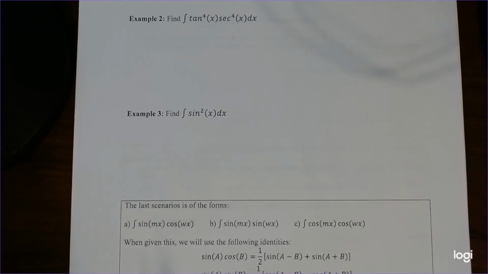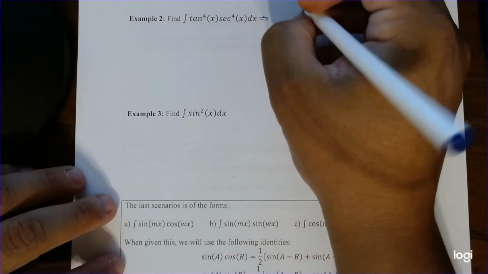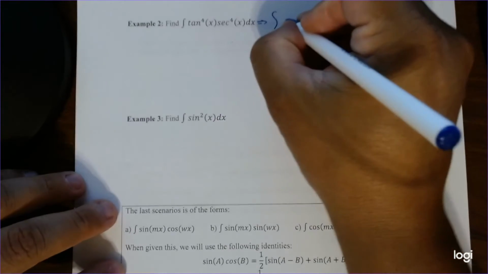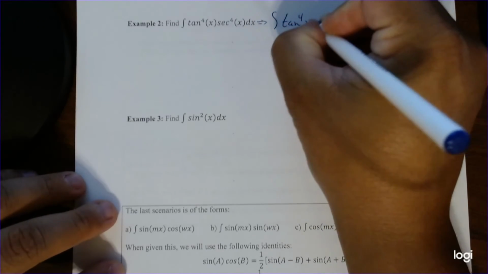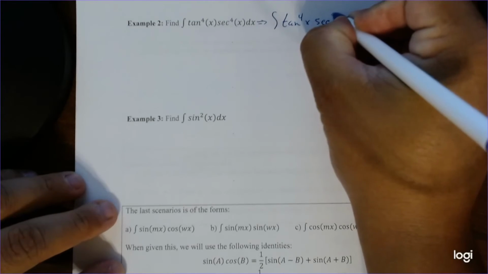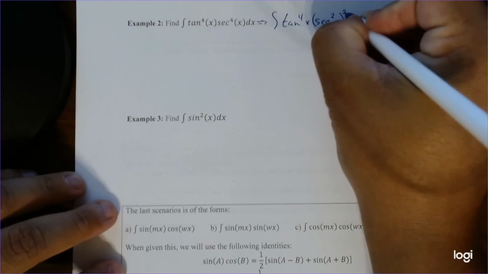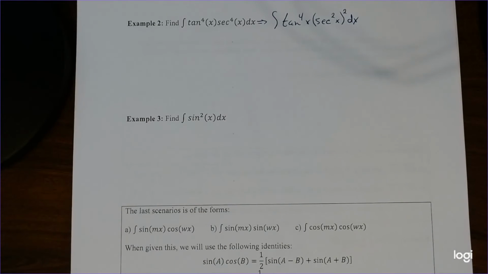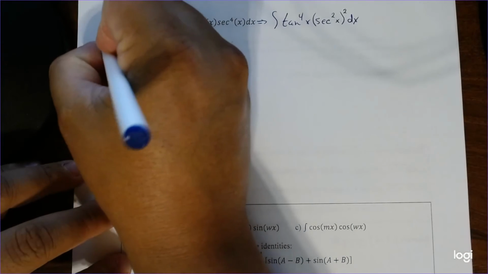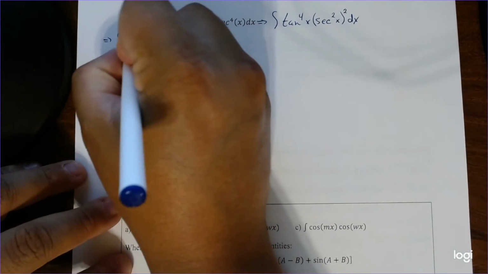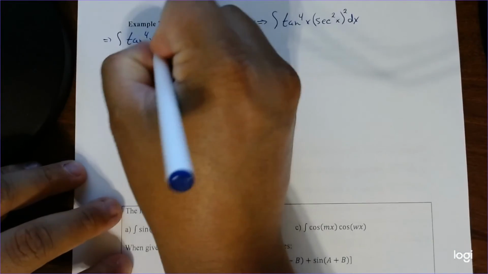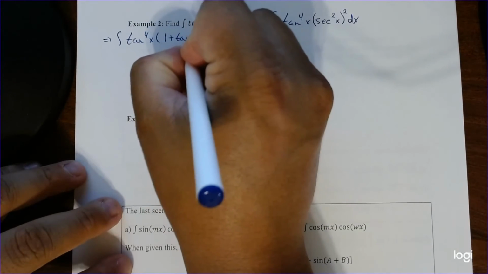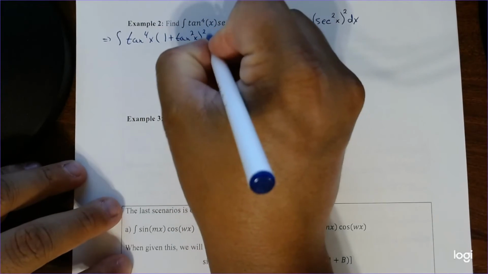Okay, so let's see how this would work out. Okay, so I'm just going to rewrite this. Like that. Okay, and now I'm going to substitute instead of secant squared, 1 plus tangent squared. So now this ends up being the integral of tangent to the 4th times 1 plus tangent squared squared, like that.